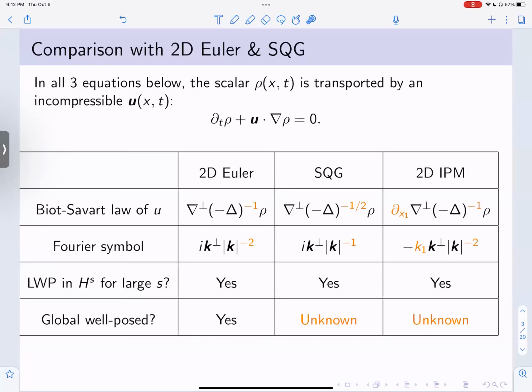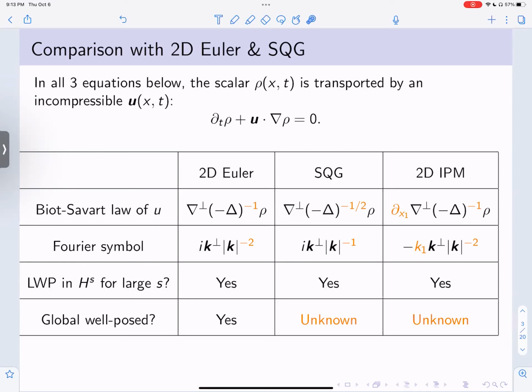Right, so now we are seeing that both of these two symbols have degree 0, but they are not the same. One of the key differences is that this one is odd in terms of k, but that one is even. It turns out the oddness versus evenness actually plays an important role in the well-posedness theory for this family of equations, which I will review soon.